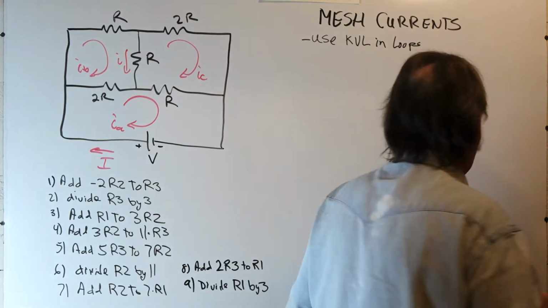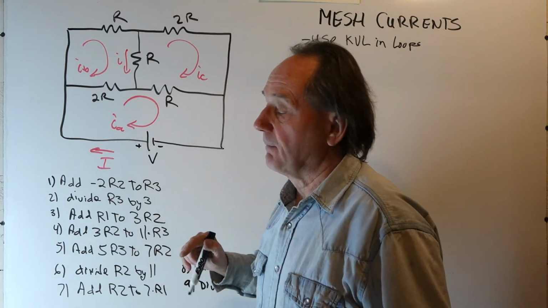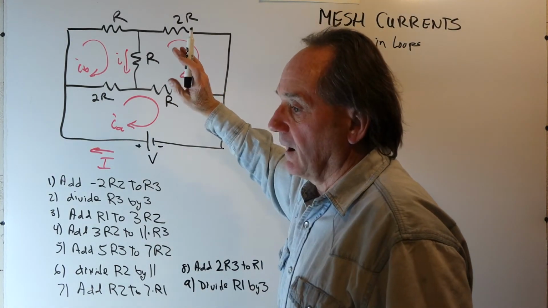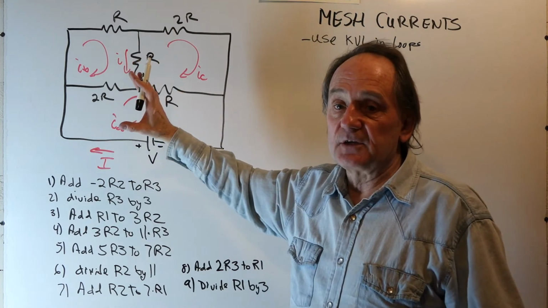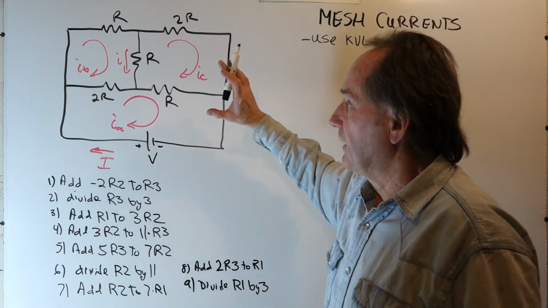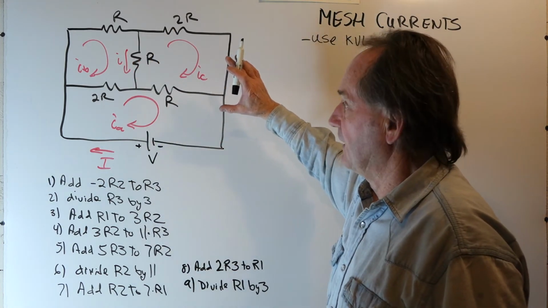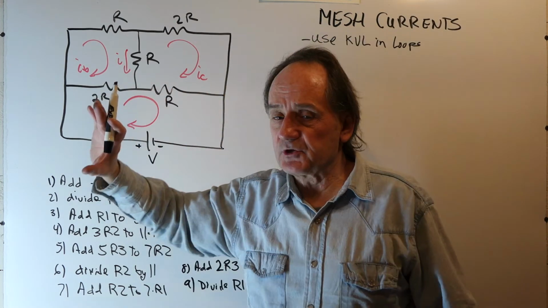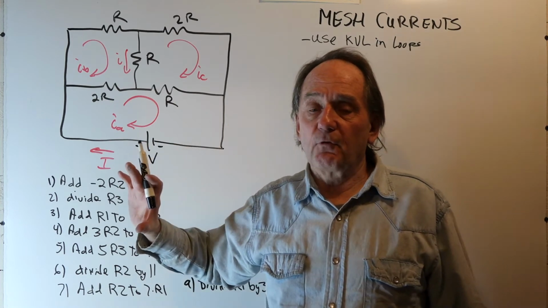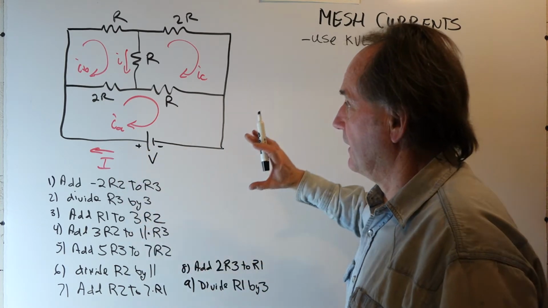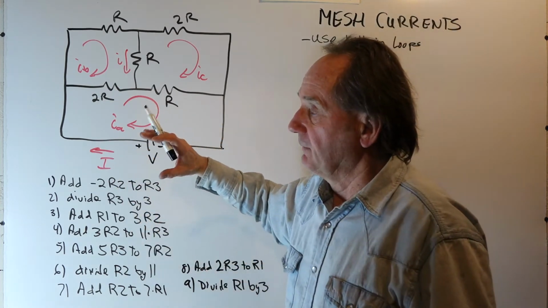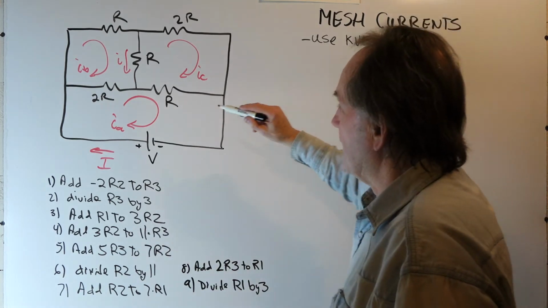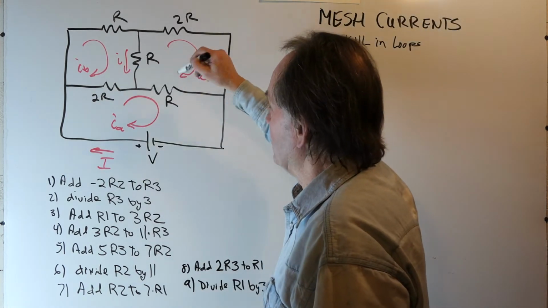It really doesn't matter as long as you're consistent, but this just makes it a lot easier to find errors. This is a very rigid procedure that you can use for large networks. Mesh currents make use of summing Kirchhoff's voltage law around each loop in the network.